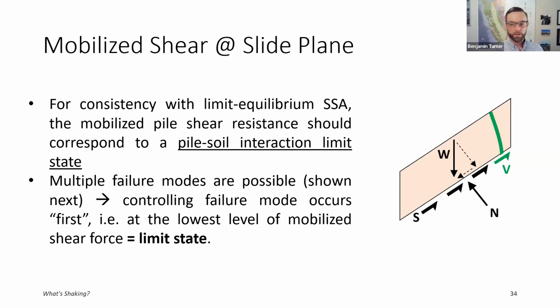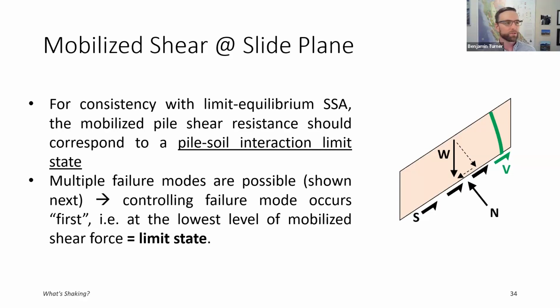What I generally say, and for non-seismic cases is true, is that for consistency with the basic premise of limit equilibrium slope stability analysis, everything in the system should be at a limit state. That, of course, includes the geomaterials, but it also includes the pile resistance. For the geomaterials, that's easy. We don't even really think about it usually. We just say this soil has a friction angle of 34 degrees or an undrained strength of 4 KSF.